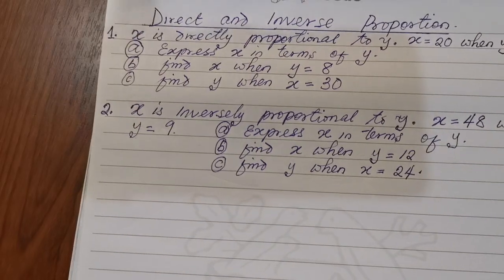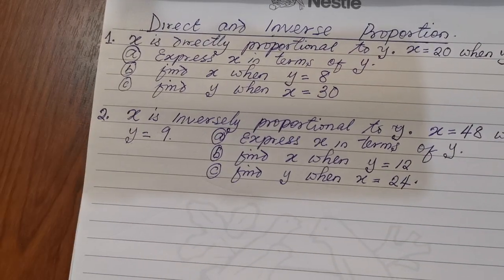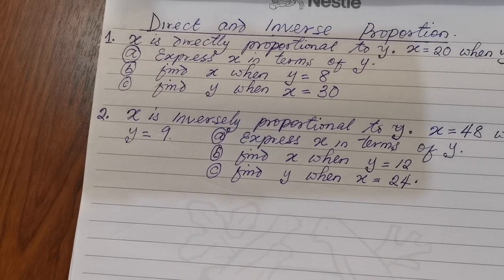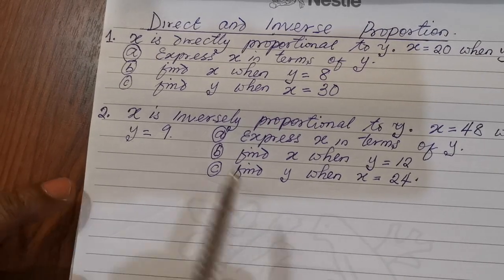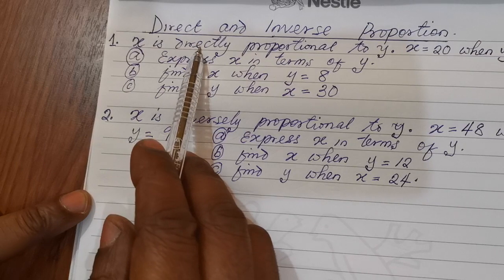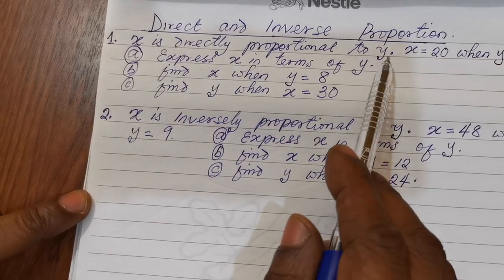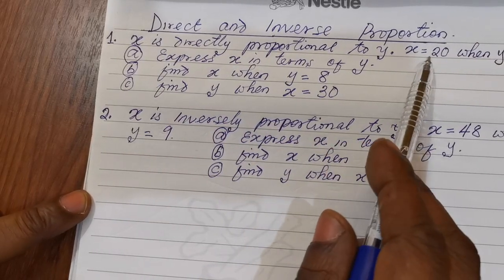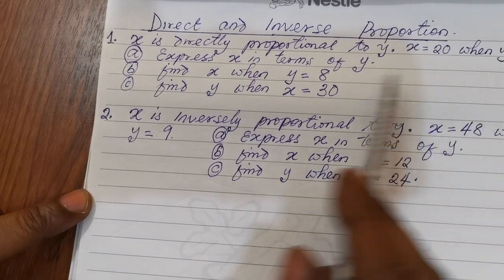Okay, so let's look at this question now. The first says x is directly proportional to y. x is 20 when y is 4.